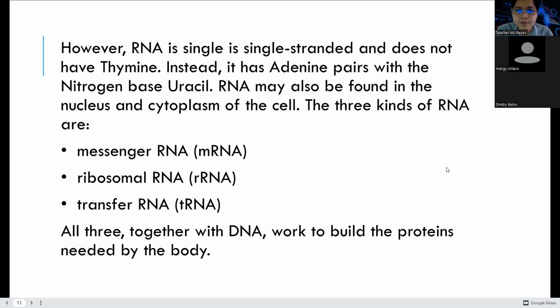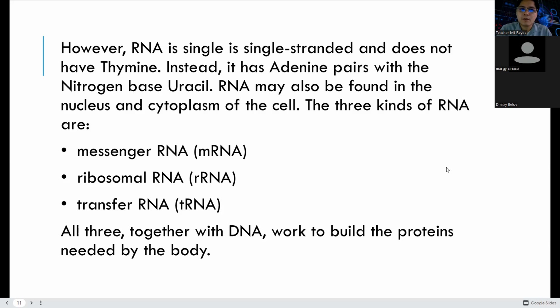Instead, it has adenine pairing with the nitrogen base uracil. So what is again the pairing? We have adenine to thymine, guanine to cytosine, or thymine to adenine, guanine to cytosine. But in RNA, if the question in your exam or in your module is asking about the coded RNA pair, RNA doesn't have what?